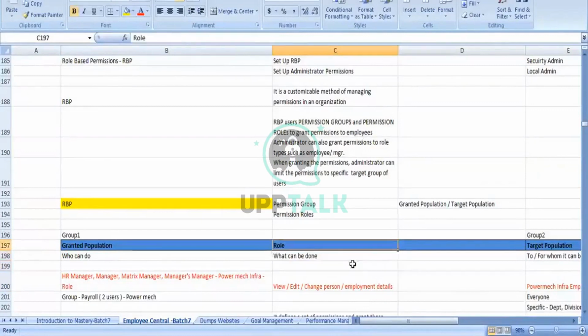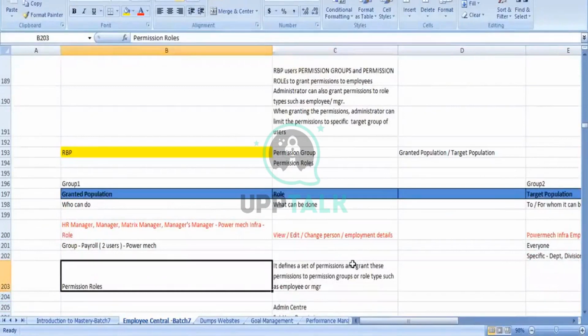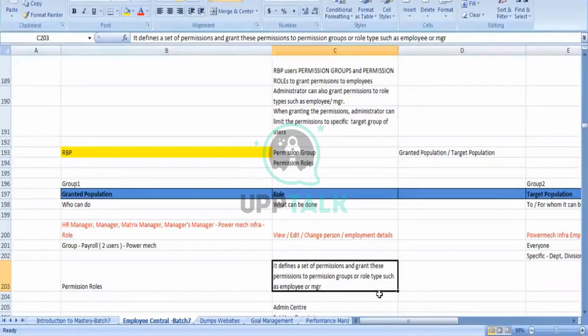When I scroll down to permission role, it defines a set of permissions and grants these permissions to the permission groups or to role types such as employee or manager. So you are setting up a permission and granting it.